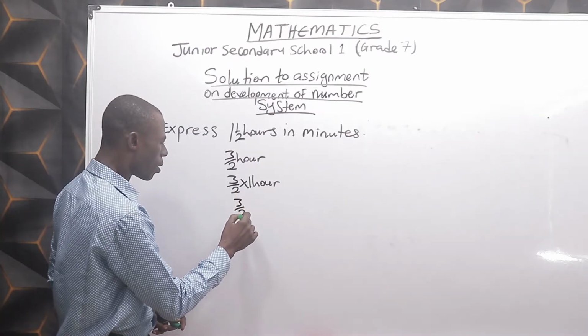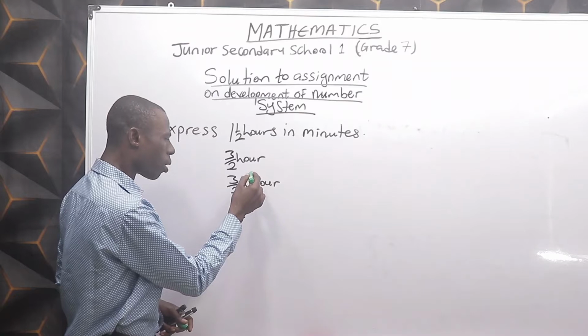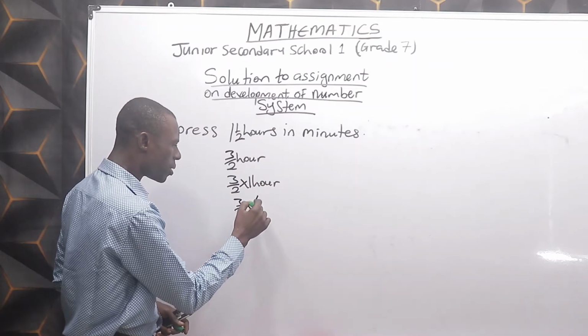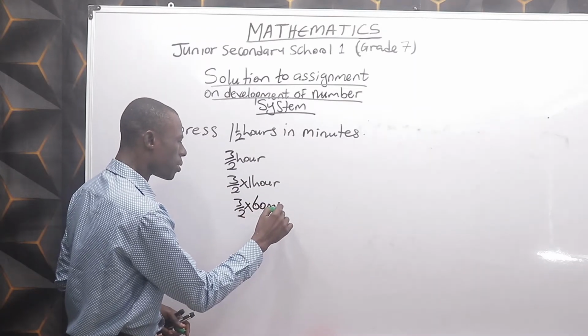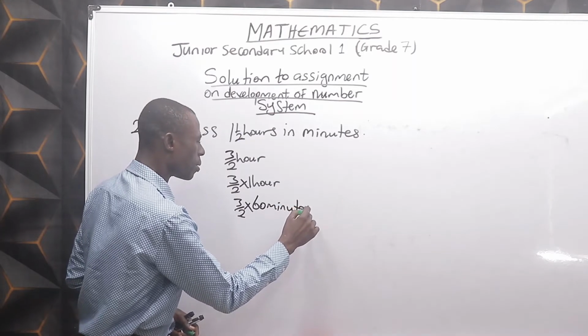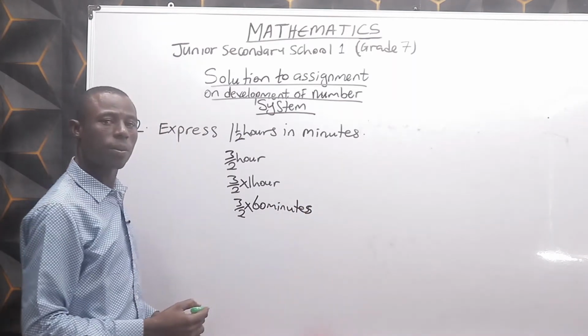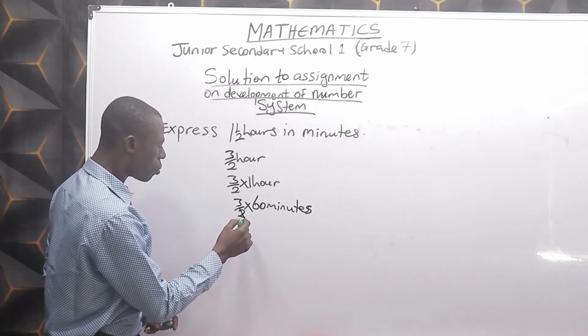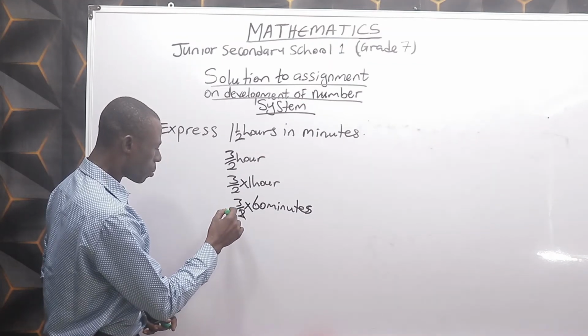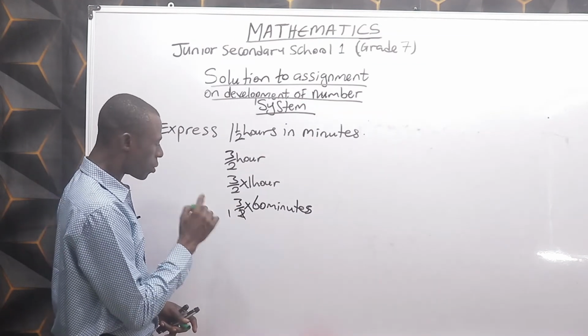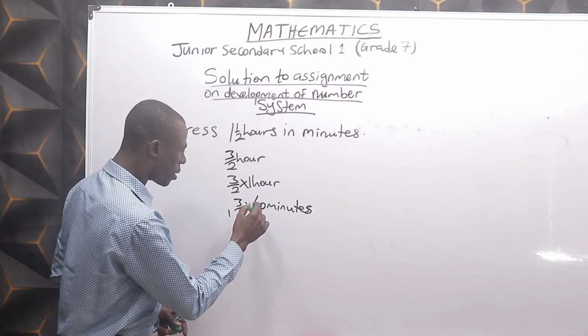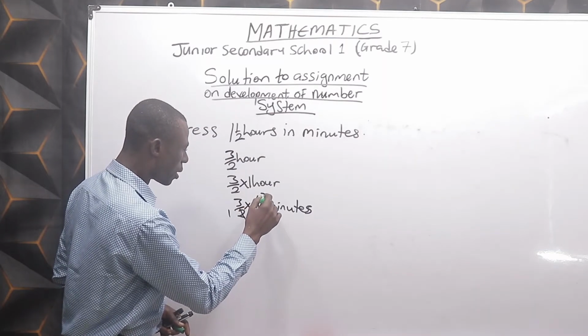The 1 hour means 60 minutes. 2 divides 2, it goes in once. 2 in 60, 30.